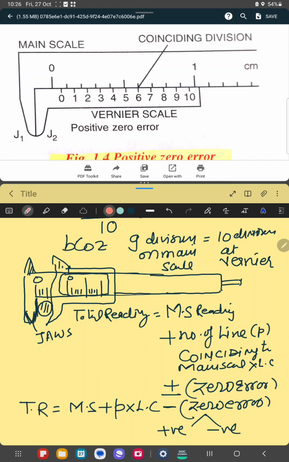So this is the formula through which we can get the total reading of Vernier calipers.